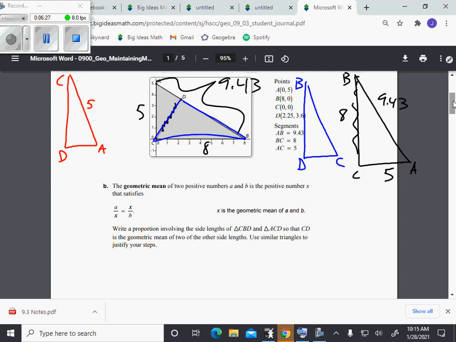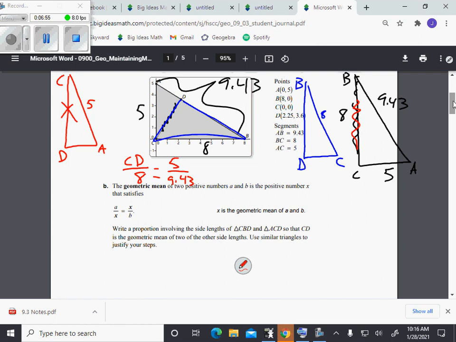And what do I know in that blue triangle? I know that the hypotenuse there is 8. And what do I want to find? I want to find CD right here. I can set that up as an equation. I can say CD over 8, going to my big triangle, is equal to 5 over 9.43.